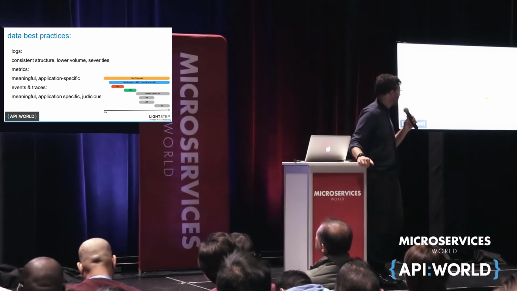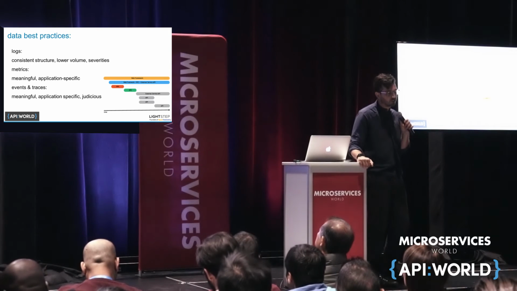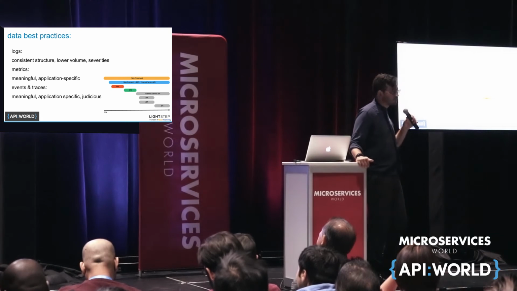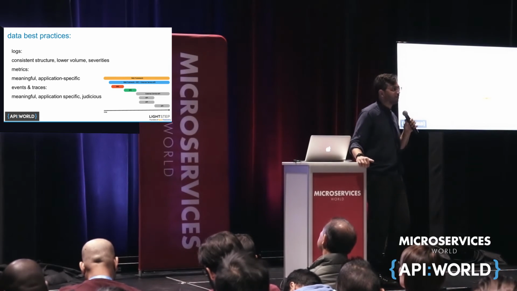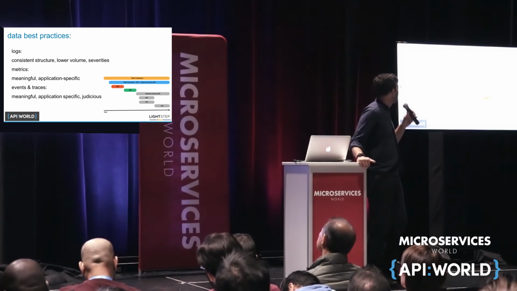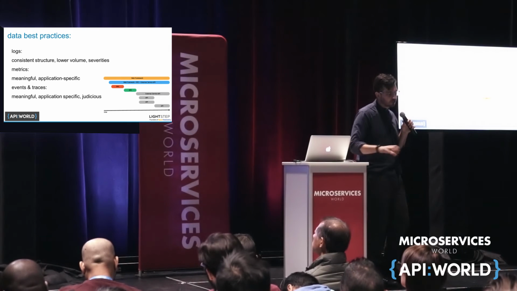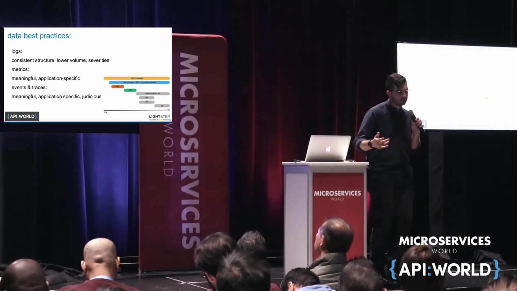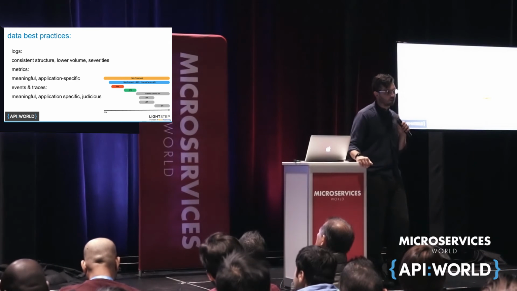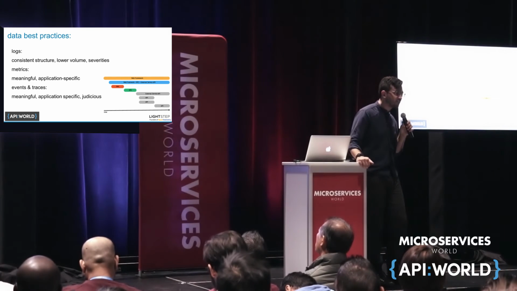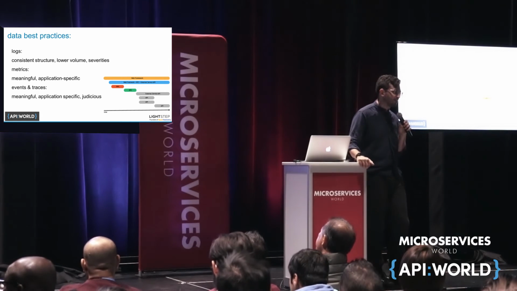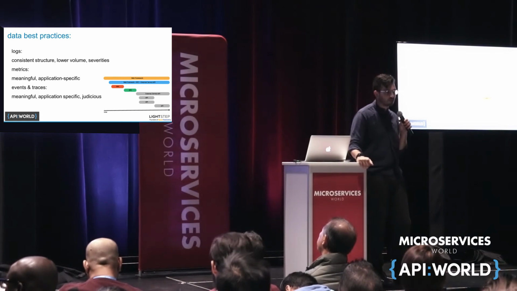Some best practices, some kinds of data that are useful in this case. These are things we know about. Logs, metrics, events, trace elements. A big problem with actually making this stuff useful, making it explain things, is inconsistencies in format, things that make it difficult to query. So structured logs: make sure that the logs that you have coming out all follow a common format that you can grep or you can parse into some other system.